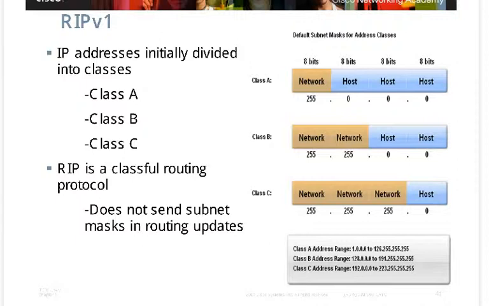Class A indicates that you have the leftmost byte for network, and the rest is the host part, which means that an IP address in class A could be something like 90.0.0.0.